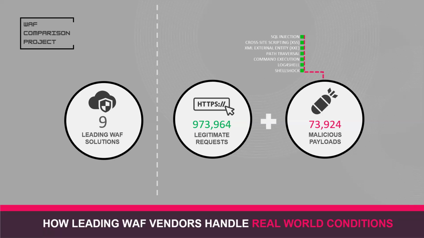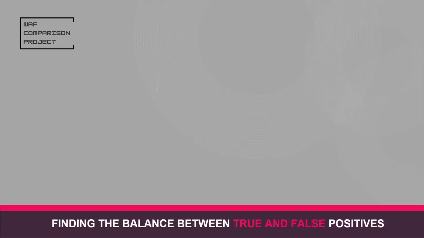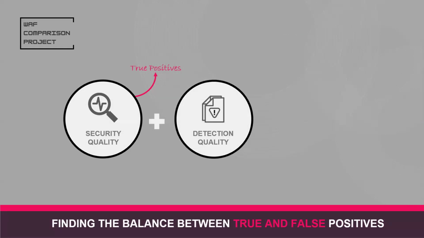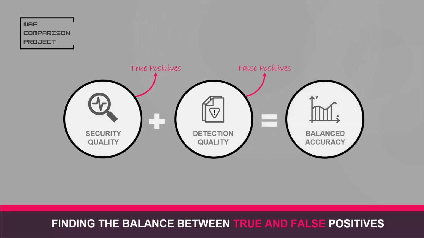Log4Shell, Shellshock, a variety of different malicious payloads were used, really trying to find the balance between true and false positives, with one being security quality, which is your true positives, plus your detection quality, which is your false positives, which gives you that balanced accuracy.